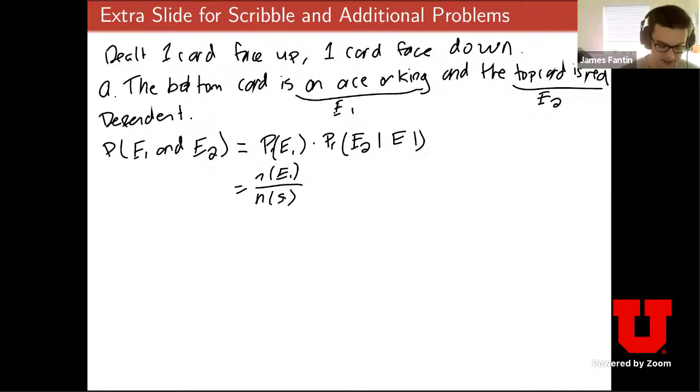Right, so how many possible cards could we draw? Well, there's 52 cards. How many are in the event space E1? Well, there's 8. There's 4 aces and 4 kings. So this is 8/52. And then we have the probability of E2 given E1. Does anybody know what's the formula that we can use for conditional probability?